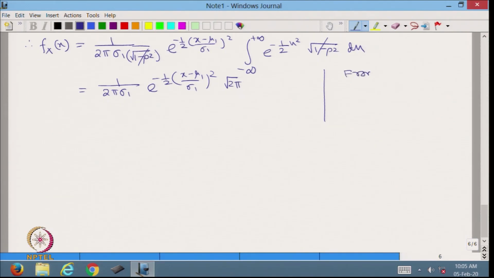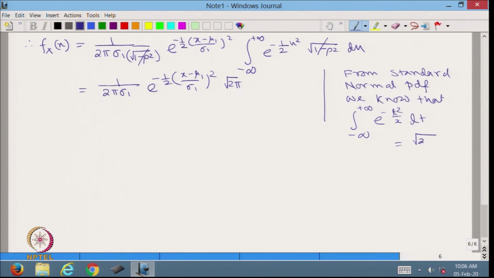From standard normal PDF, we know that integration minus infinity to plus infinity e to the power minus t square by 2 dt is equal to root over 2 pi.